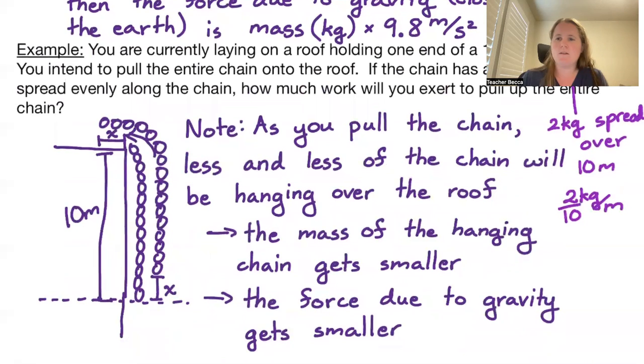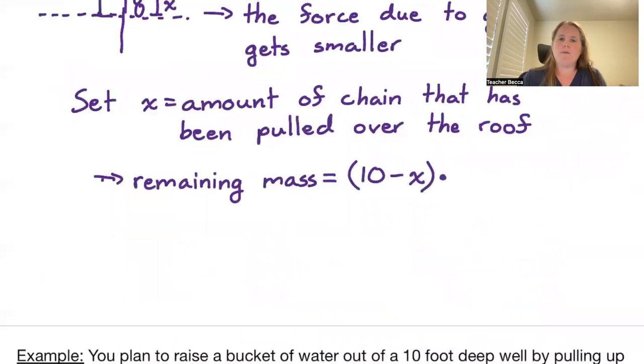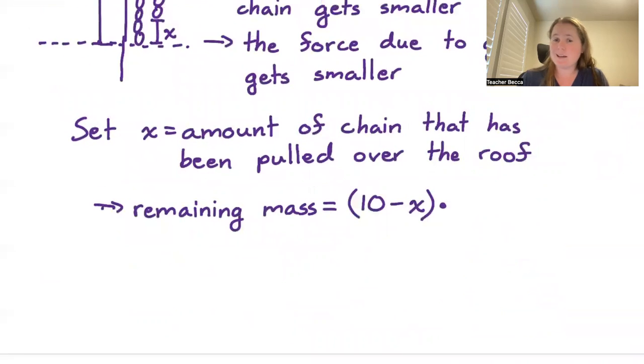So our remaining mass is 10 minus x meters times 0.2 kilograms per meter.